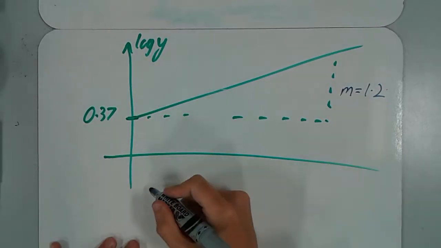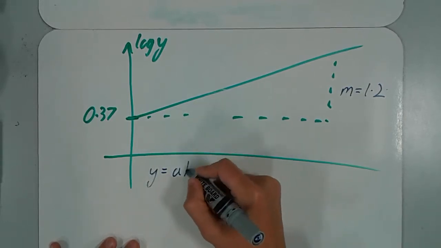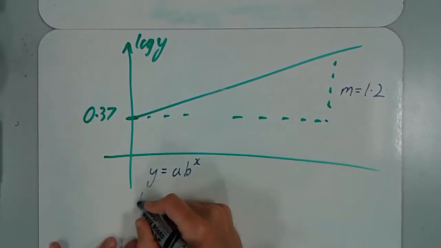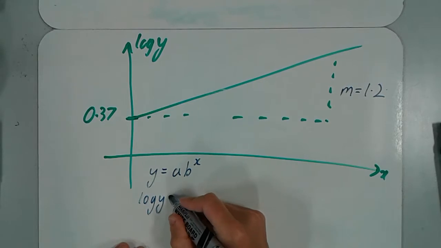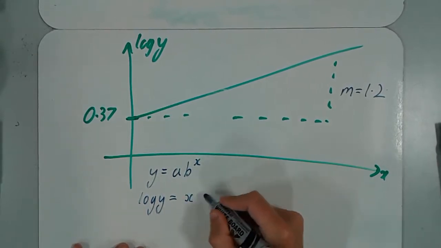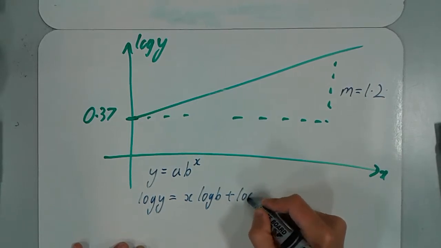Recalling that form, we suspected it was originally of the form y equals a b to the x, which we derived meant that log y is equal to x log b plus log a.